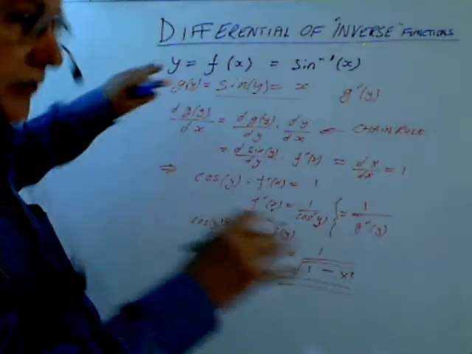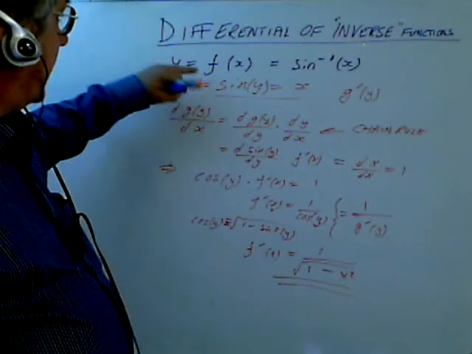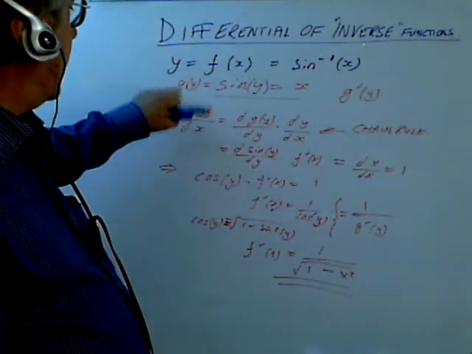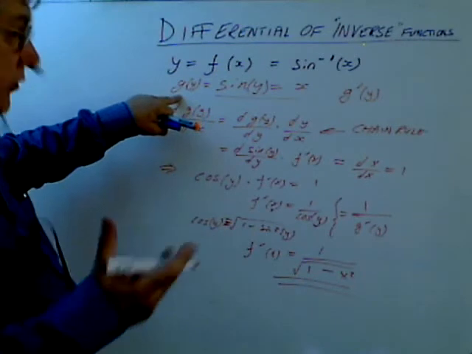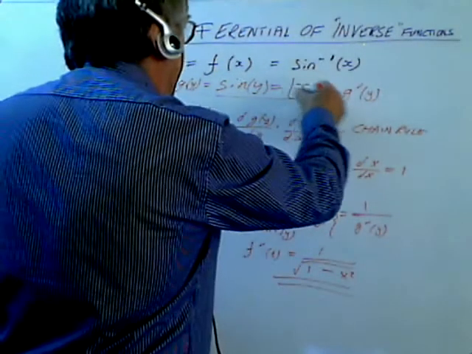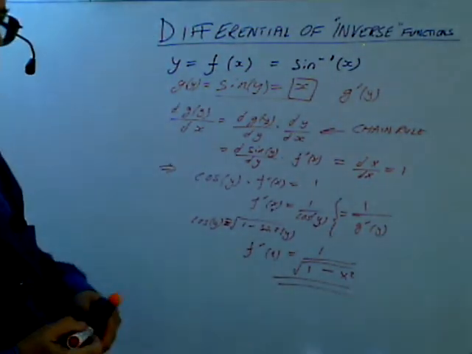So the best way to start the problem is to write it out, define what f of x is, and that's very important, and then to define another function which would return x, and that then would allow you to get the answer.